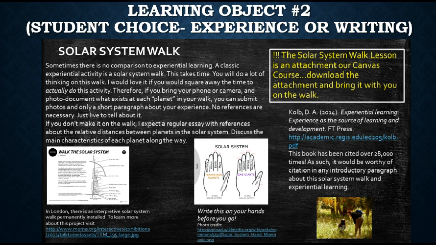So if students can't go on the walk, they can just write an essay. But essentially, they're going to go walk down the road and they're going to note when they get to each of the planets, when they get to Mercury, Venus, Earth, Mars, etc., and understand the relative distance of these planets based on how far they have to walk.